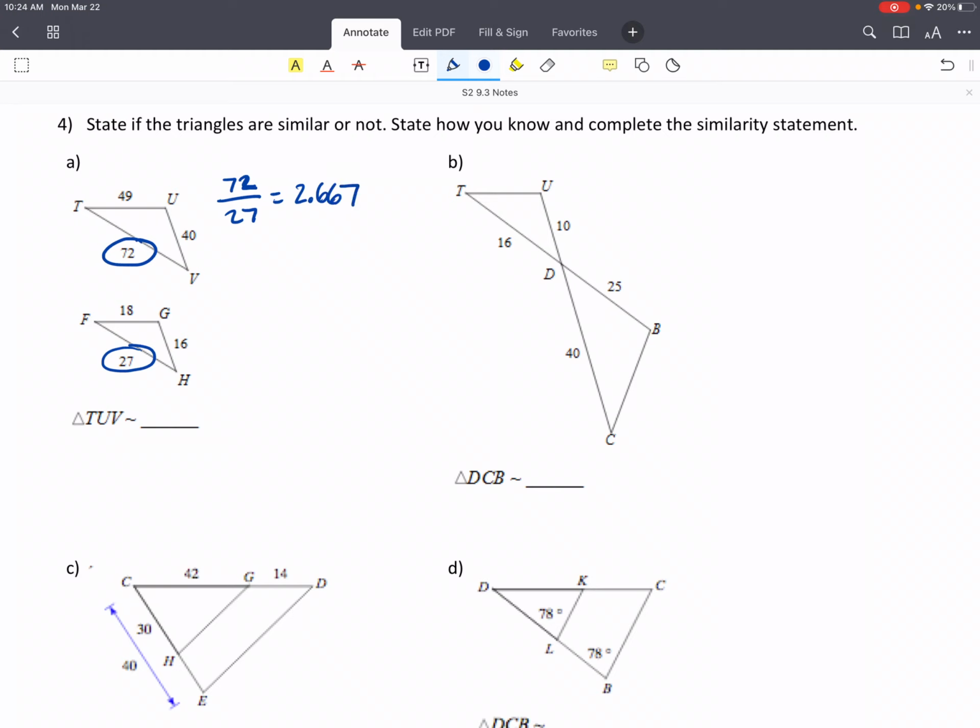Even if they're like one decimal point off, they would not be similar. They have to be exact. My smallest side is 40, so I'll go 40 over 16. Sorry, technical difficulties. I get 2.5, so these are not similar.